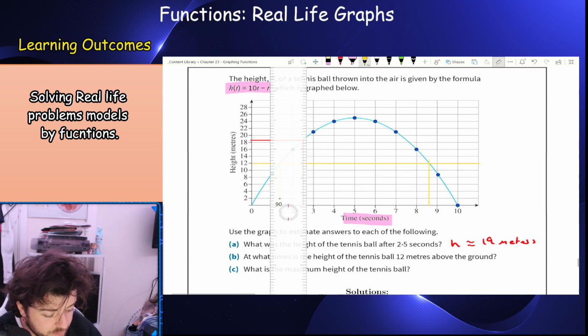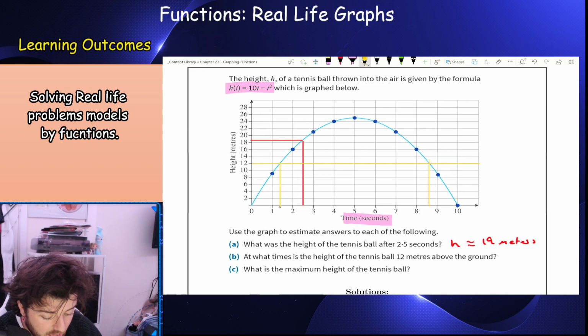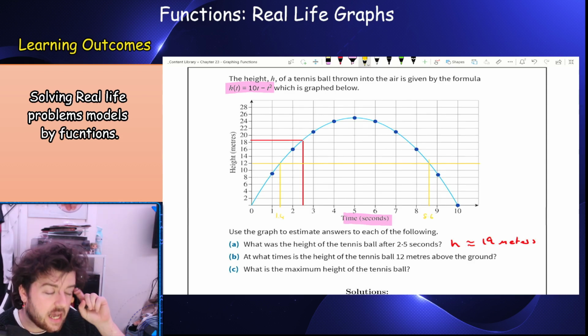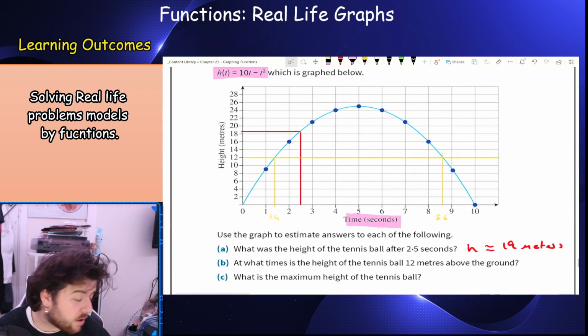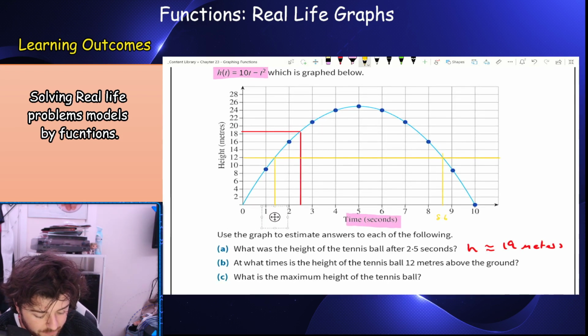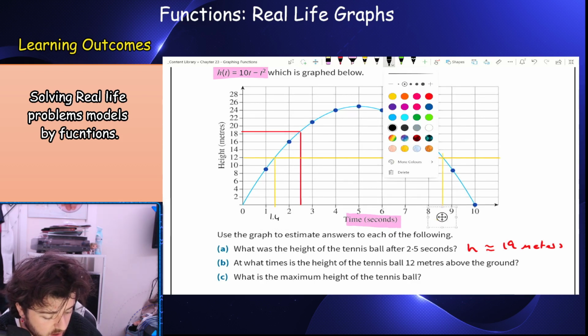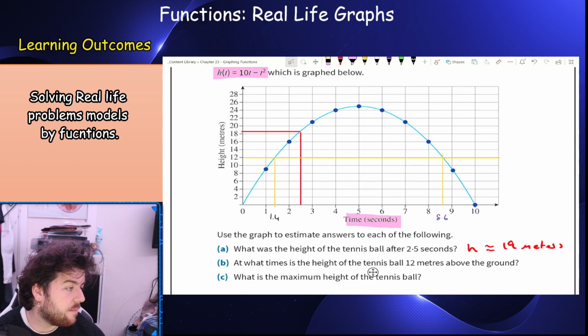So I see here, after 1.4 seconds, the ball is 12 meters in the air, and here at around 8.6 seconds, the ball is 12 meters in the air. I don't know if you can see the yellow perfectly there, sorry. So after 1.4 and 8.6 seconds, my ball is 12 meters in the air.